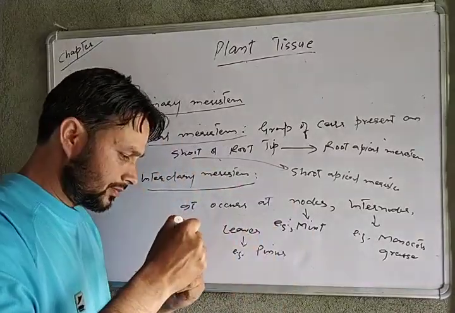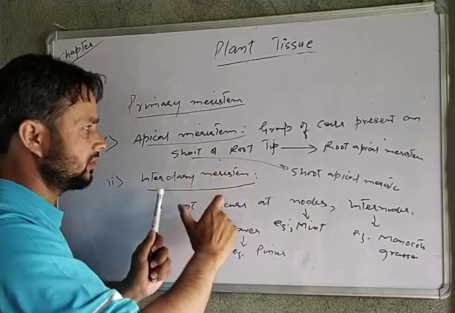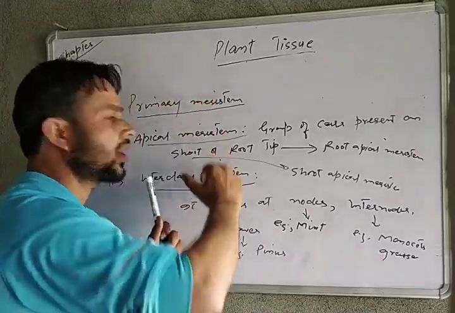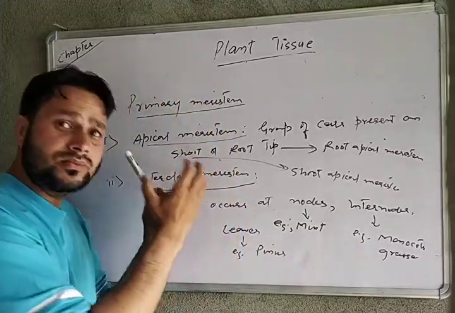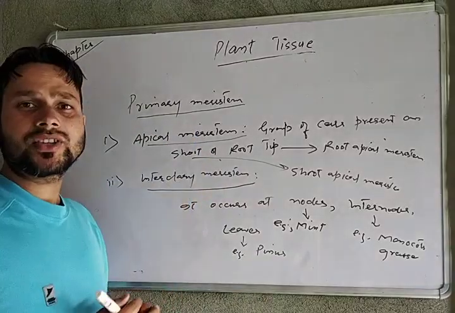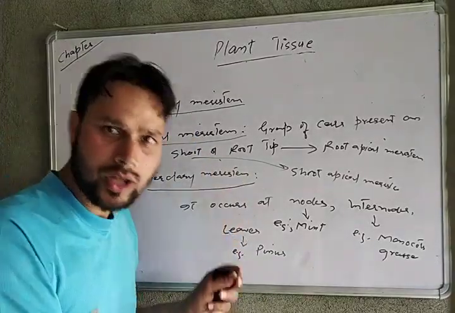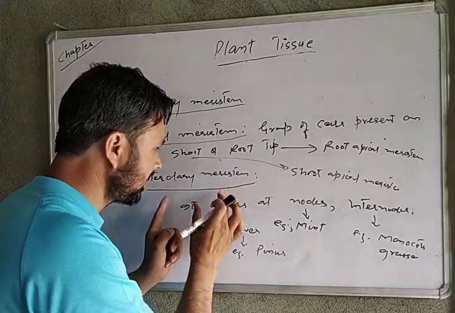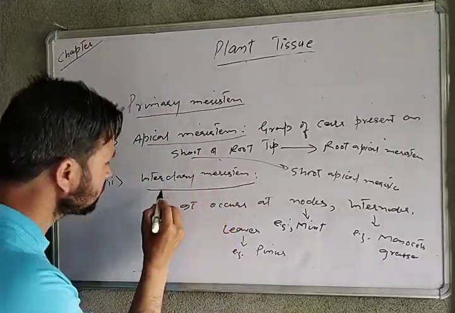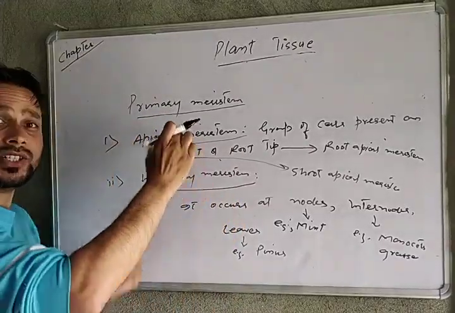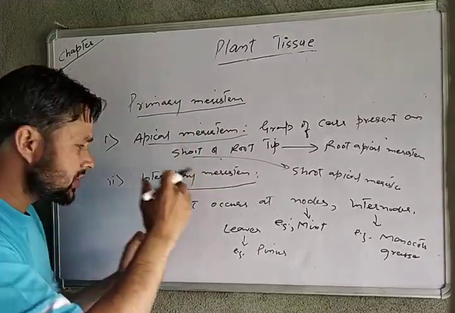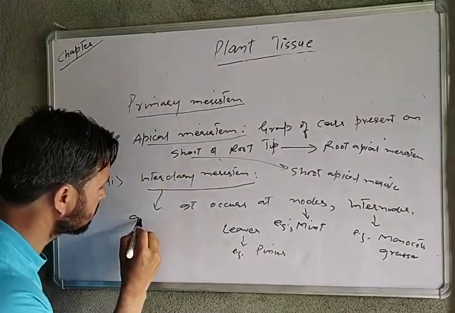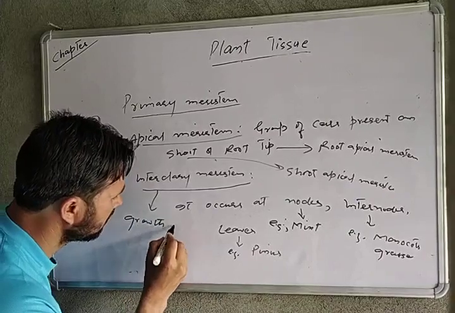Okay, when the apical meristem continues to grow, some part of the apical meristem is left behind, which helps us in growth in length.